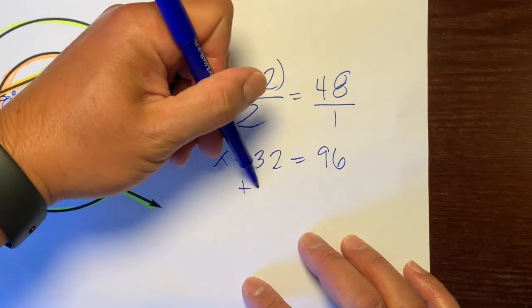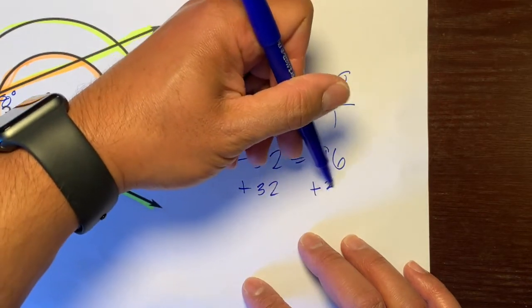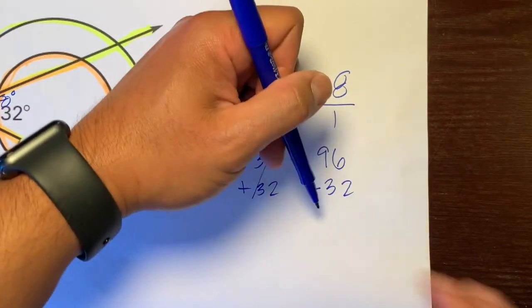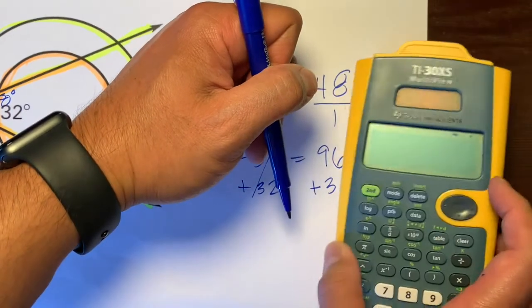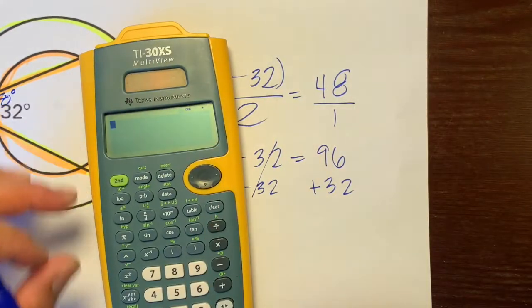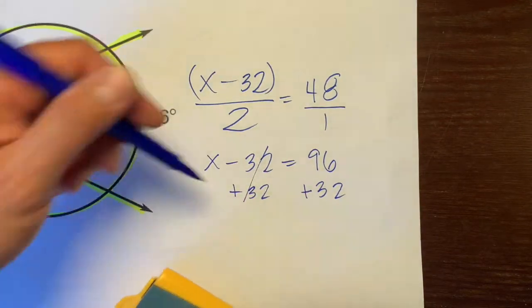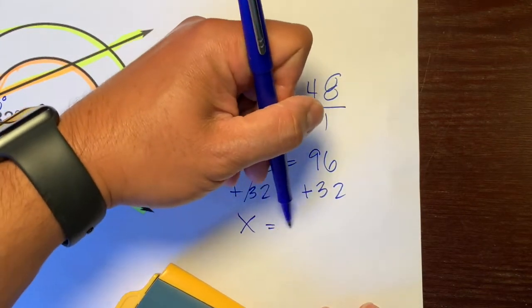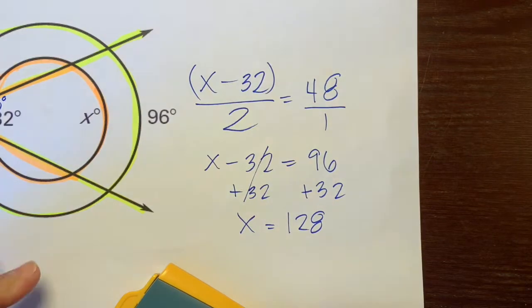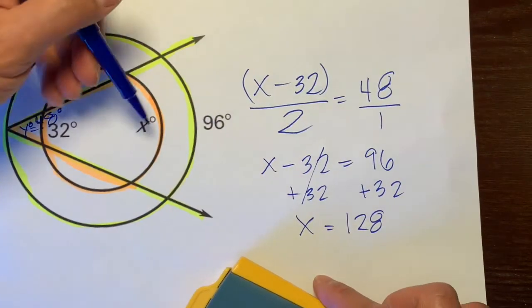These cancel out. We'll take our calculator and type in 96, make sure you type in 96, not 97, plus 32, which is 128. So x equals 128 degrees.